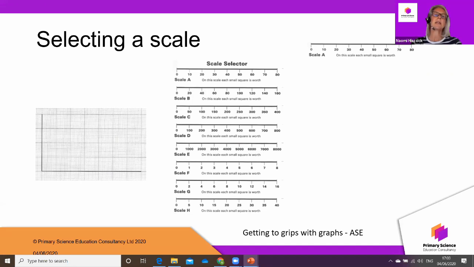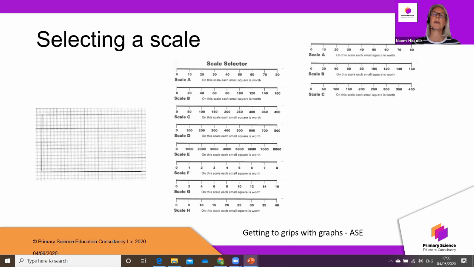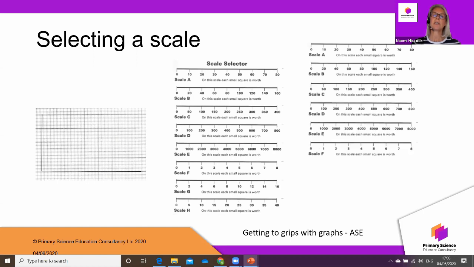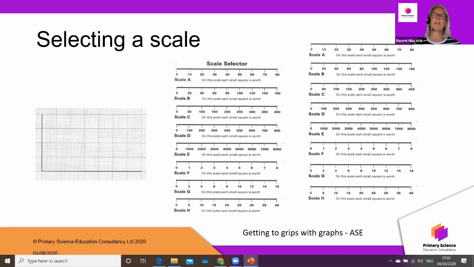The size of the scale matches the squares on the line graph, and you can cut it up into separate sections, as you can see here. Then you can join them together with a split pin to form a little fan.